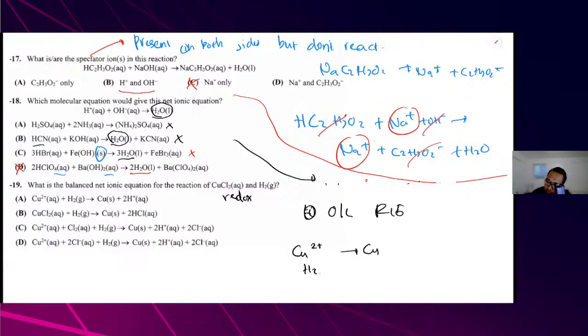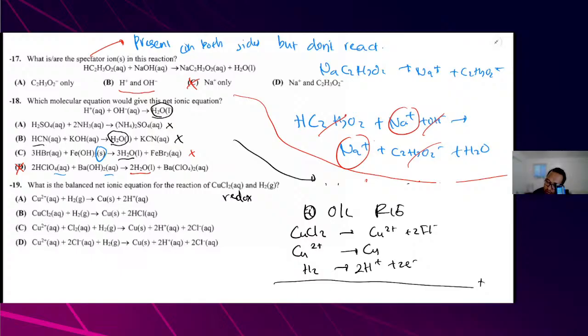And then H2 will become 2H+ and 2 electrons. From here you can see CuCl2 being Cu2+ and 2Cl-. If we break it down one by one, it will be like this. Remember, this is a redox reaction, so we need to determine one by one first.